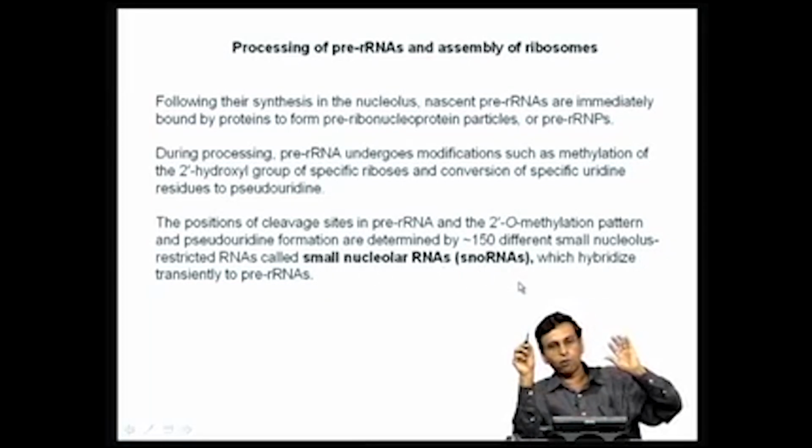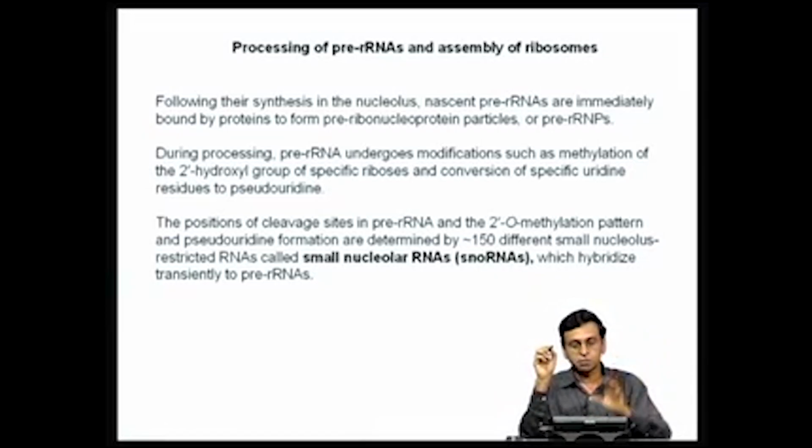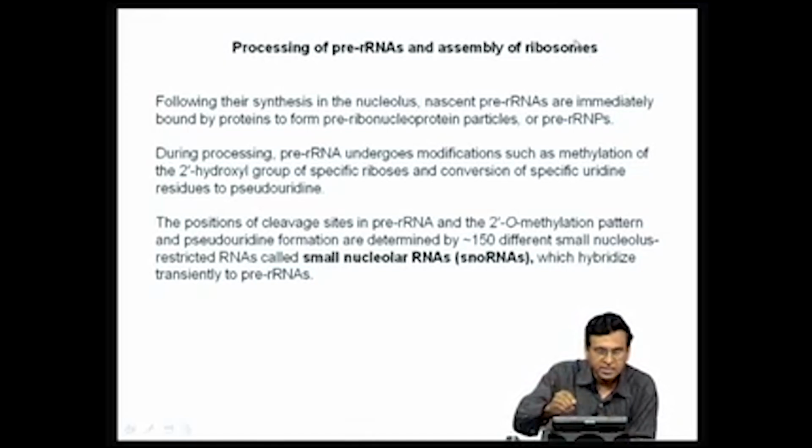So, just like we have all these U snRNPs involved in splicing, similarly you have snoRNAs which are involved in the processing of pre-rRNA to get mature rRNAs. I will not go into the exact mechanism by which pre-rRNA processing takes place, it is a little bit advanced, so we do not have to worry about it.